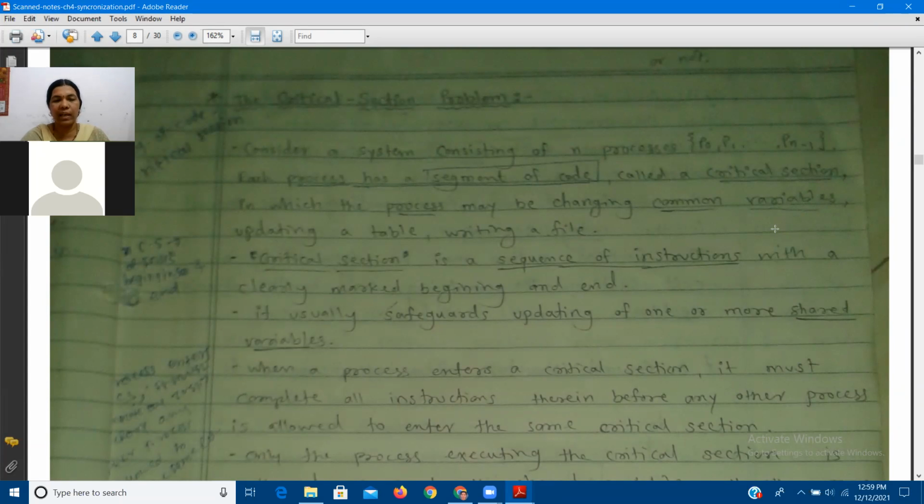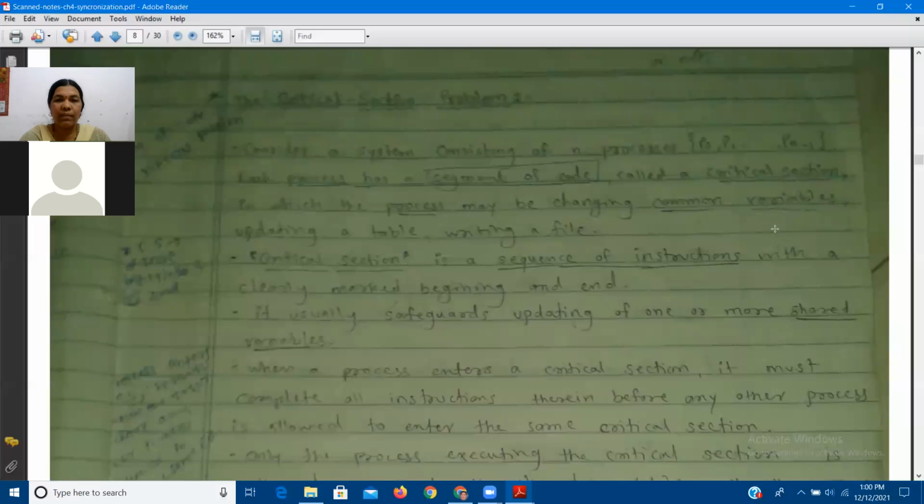We'll see exactly what a critical section is. For a while, it depends upon the number of processes. If there are n processes, each process has its own critical section. If n processes are in the system, then n critical sections will be there.